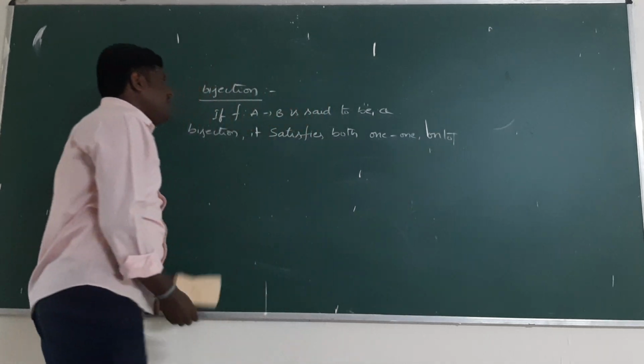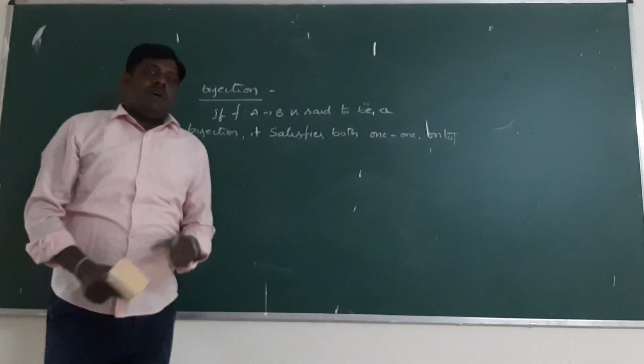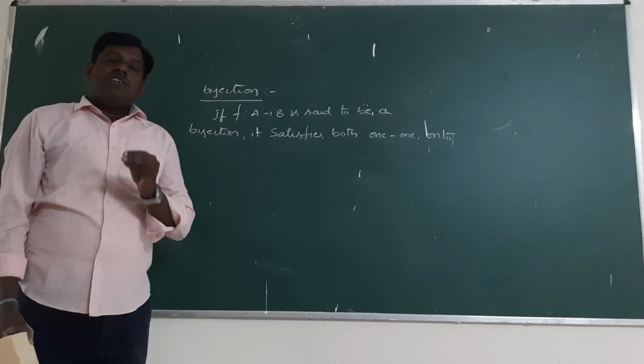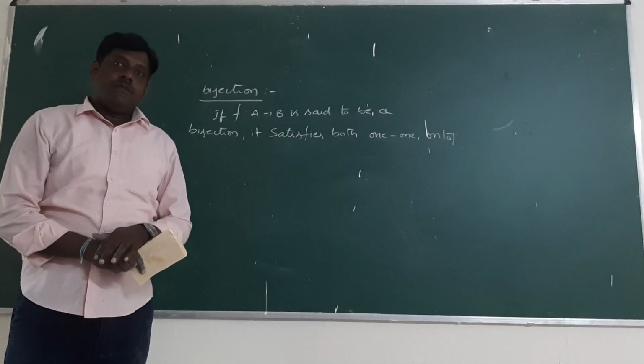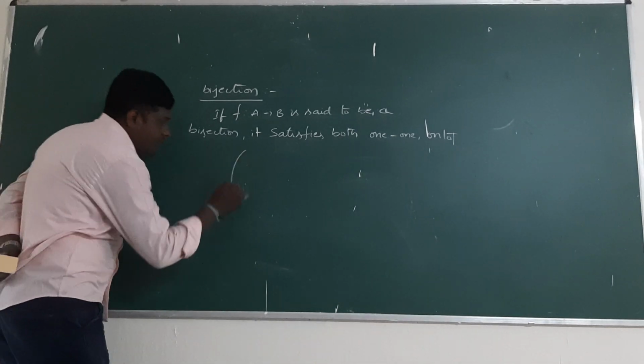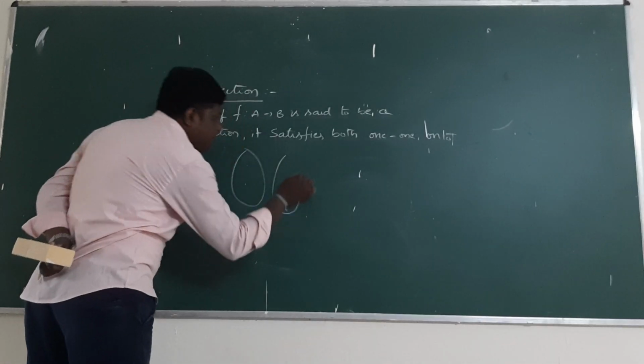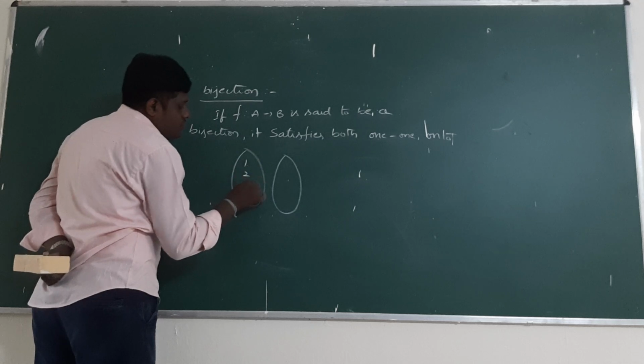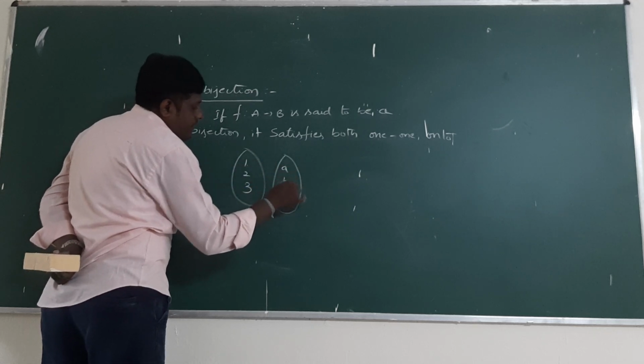In this case only, if any function satisfies one-one and onto, then that function is called bijection. Let's see the example. 1, 2, 3 and a, b, c.